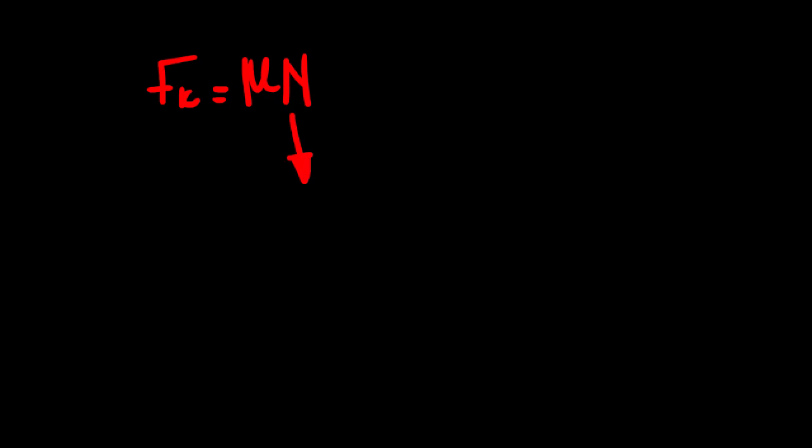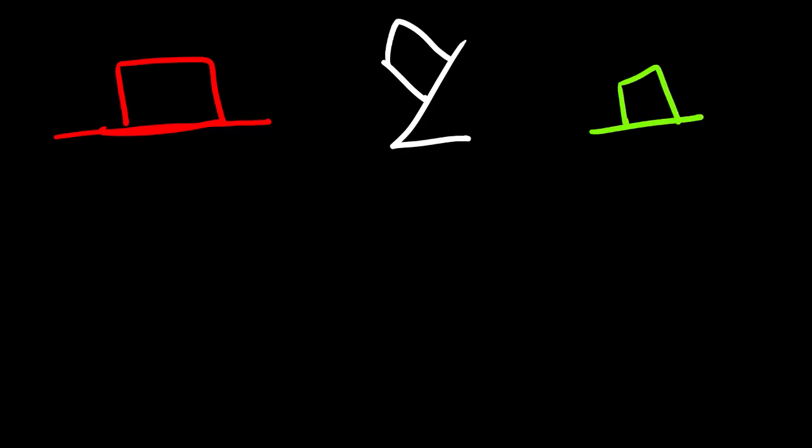Let's quickly go through them. We have the first scenario whereby an object is simply on a flat surface, and then we have an object on an incline, and then lastly we have an object on a flat surface but it experiences a force at a certain angle.